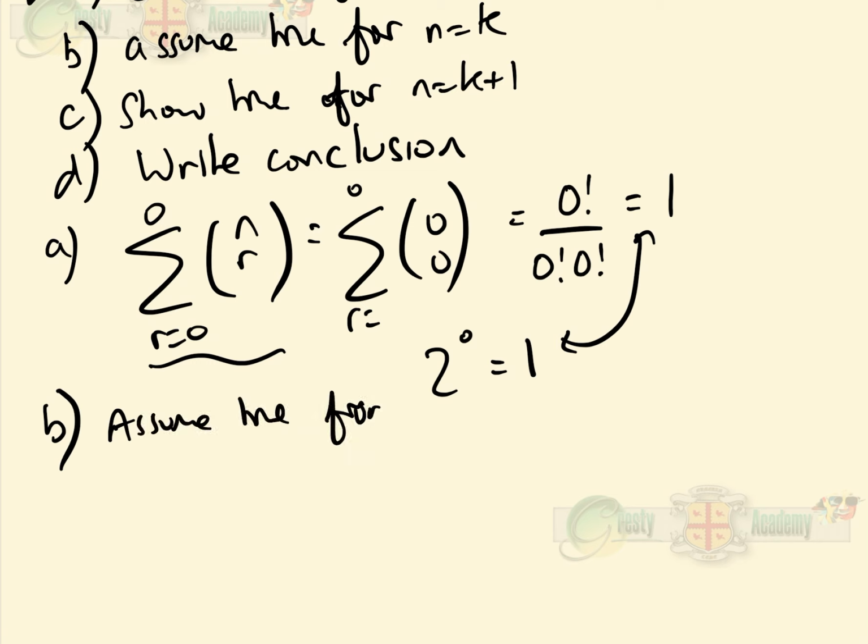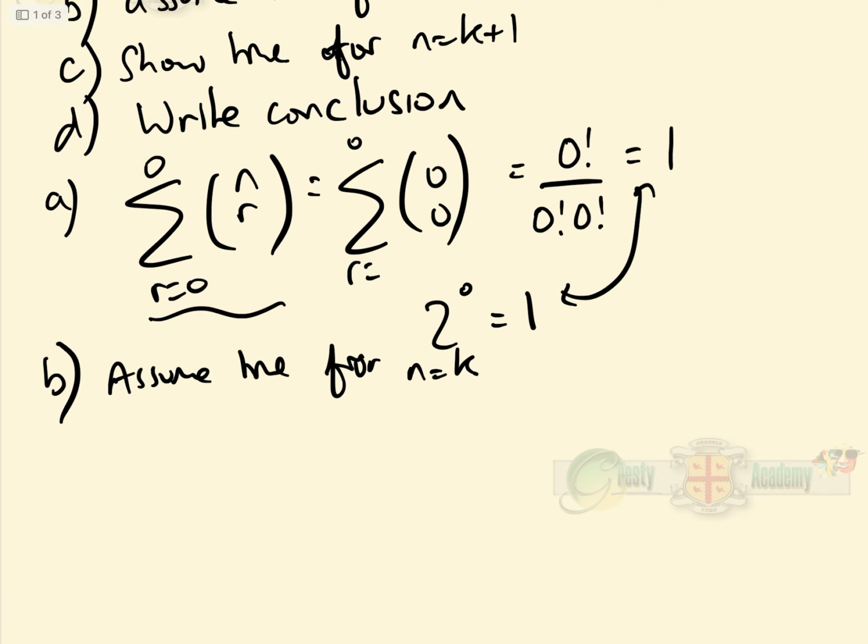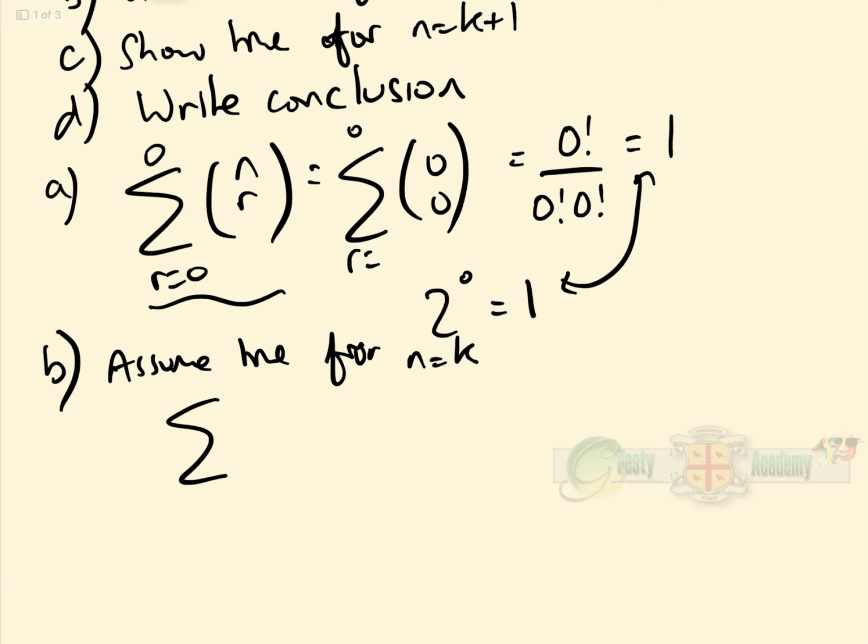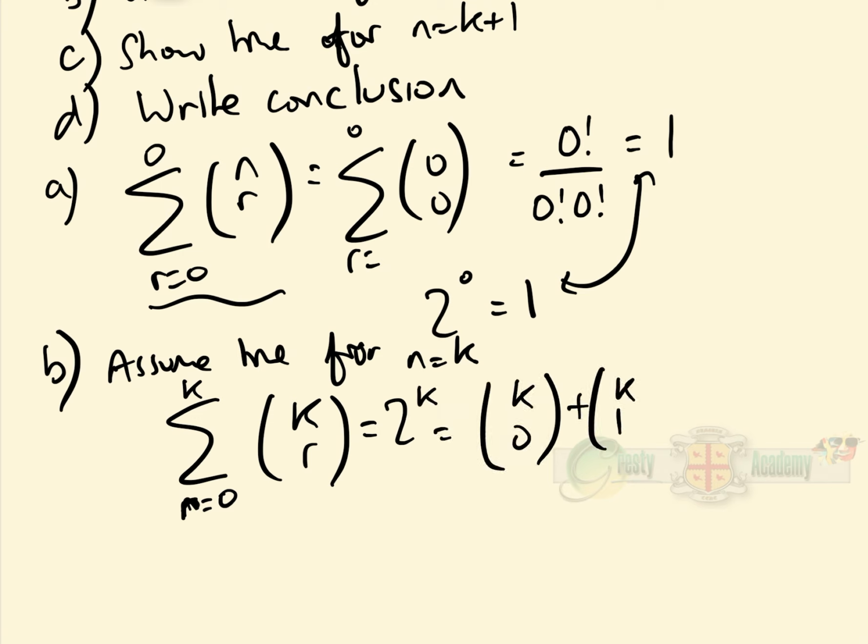Okay, so now what we've got to do is B, assume true for n equals k, and therefore we assume that the sum between r equals 0 and k of k choose r equals 2 to the k, which equals k0 add k1 add up to k k.